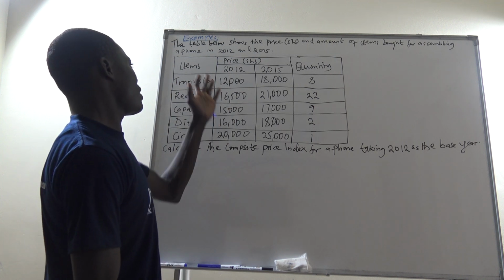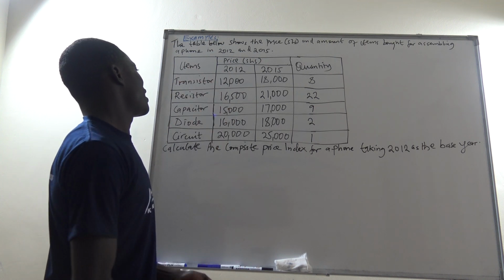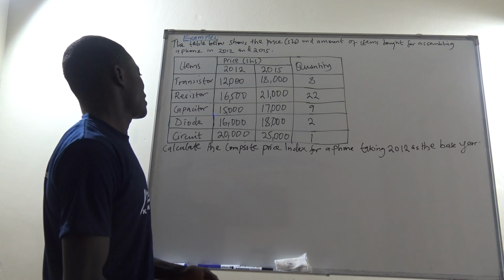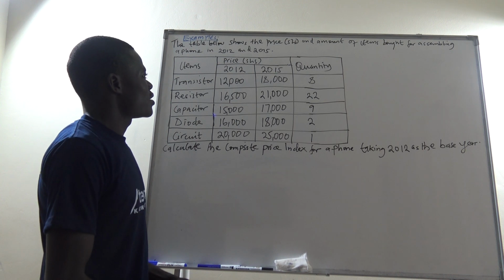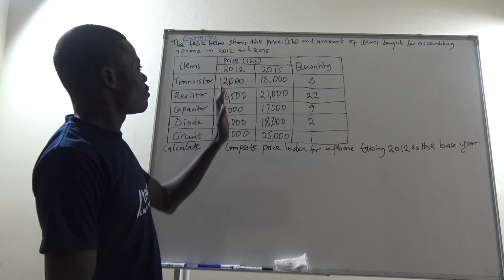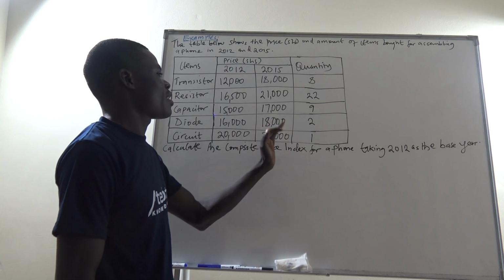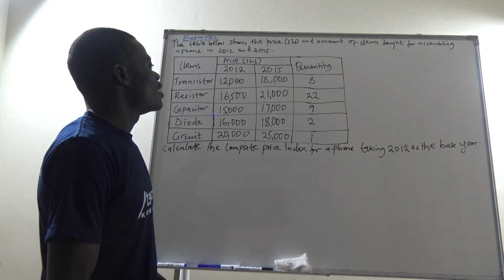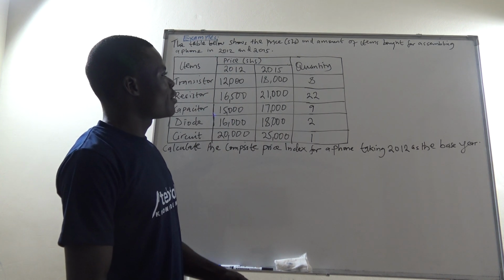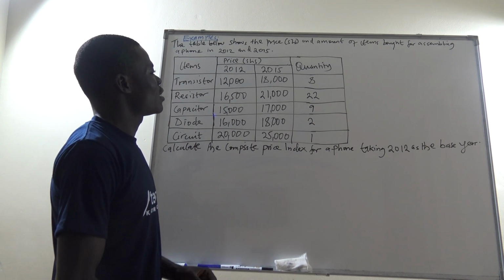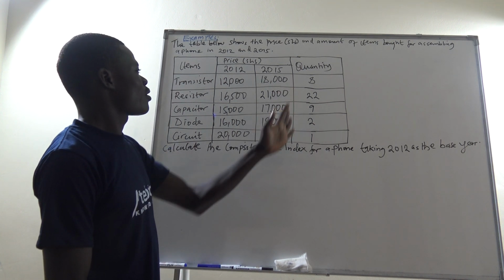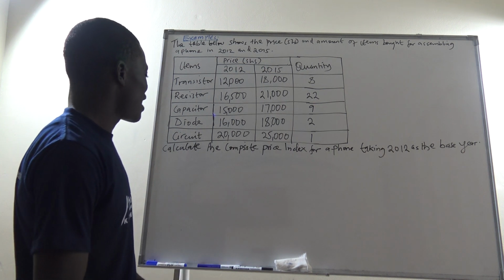Then in the table we have items that has transistors, resistors, capacitors, diode, circuit, and the prices in shillings for 2012 and for 2015. Then in the same table they have added what we call the quantity that was required to make those phone. So we have the column for the quantity which was added.